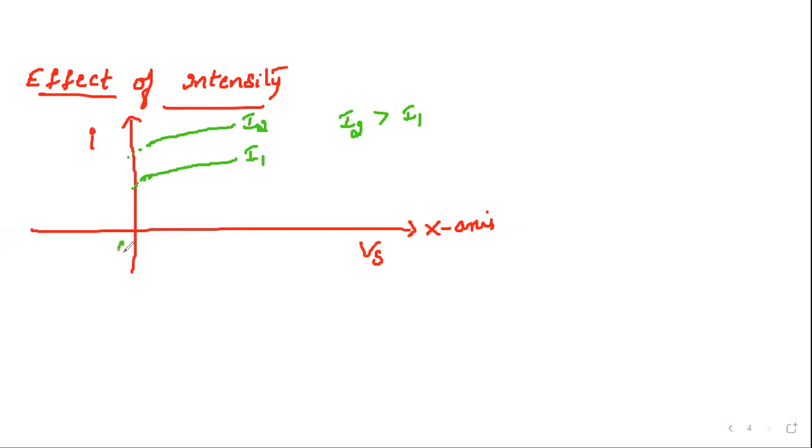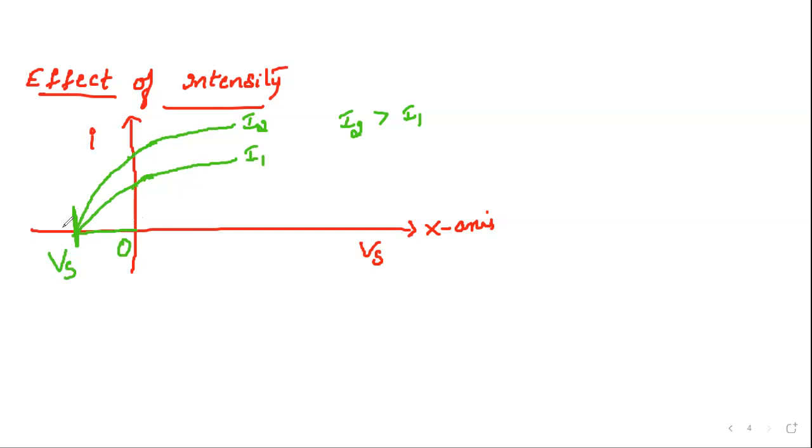This is the origin. If you start reducing the potential in the negative direction, this current comes to 0. This point where the photoelectric current comes to 0, this potential we call the stopping potential, which is a negative potential, no doubt.